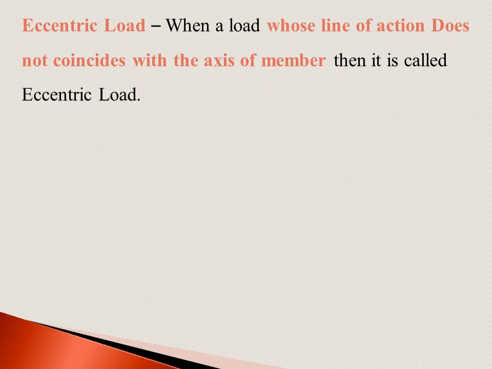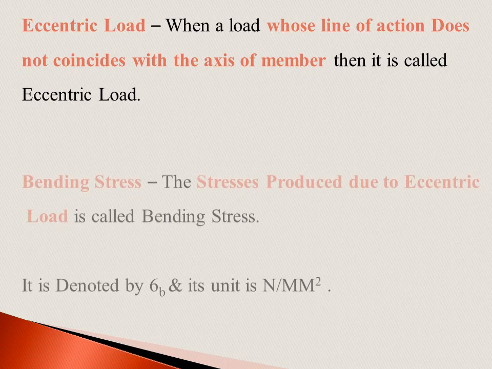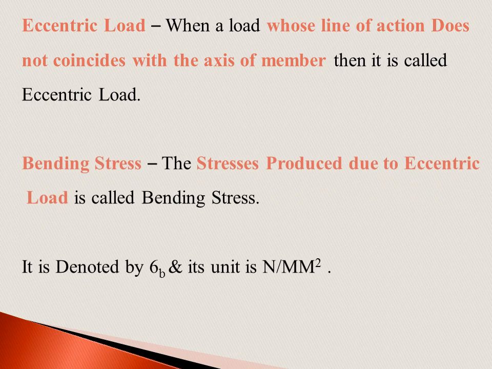Next term is eccentric load. When a load whose line of action does not coincide with the axis of member, then it is called eccentric load. And due to this eccentric load, the bending stresses are developed. Bending stress. The stresses produced due to eccentric load is called as bending stress.